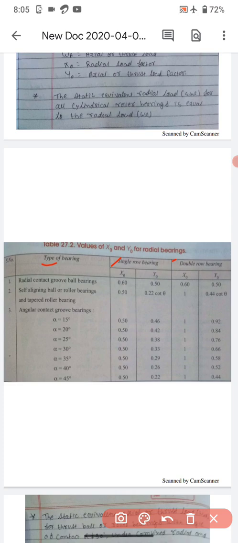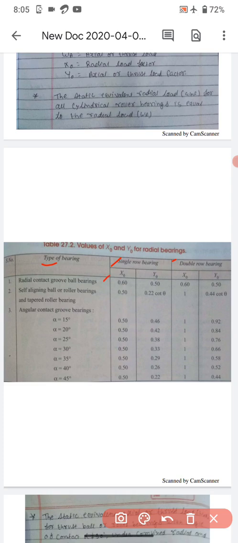Basically this is a YouTube class, but in live class we had already seen the type of bearings, so you will easily understand whether it is single row bearing or the double row bearing.